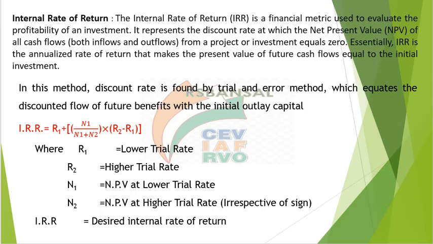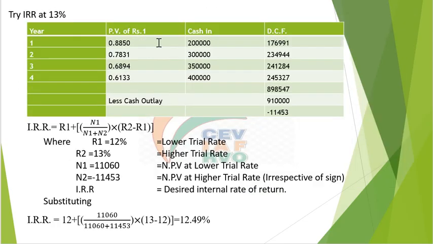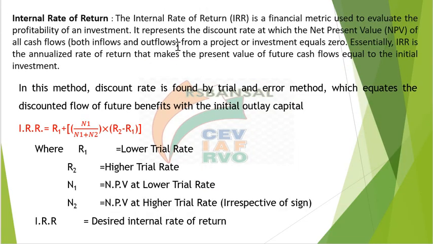So the second is internal rate of return. Internal rate of return is a financial metric used to evaluate the profitability of an investment. It represents a discount rate at which the net present value of all cash flows, means both inflows and outflows from a project or investment, equals zero.